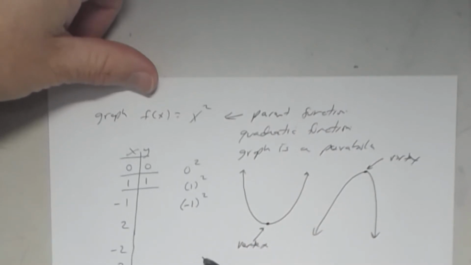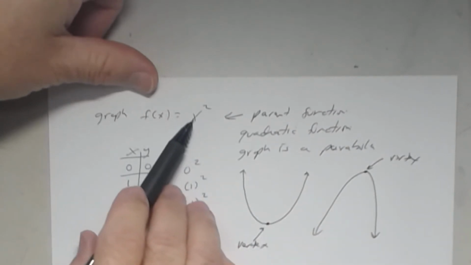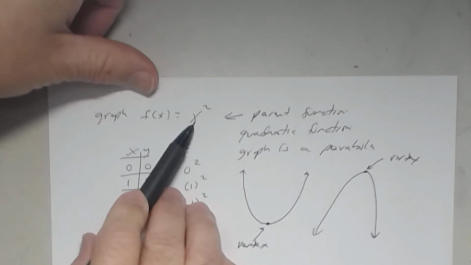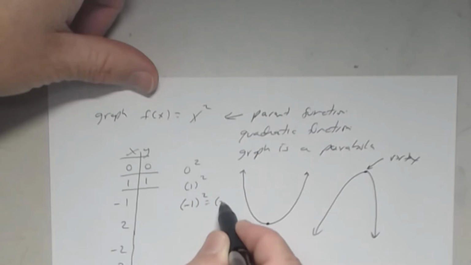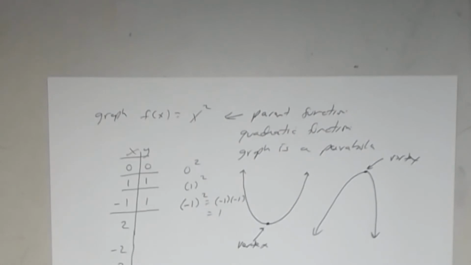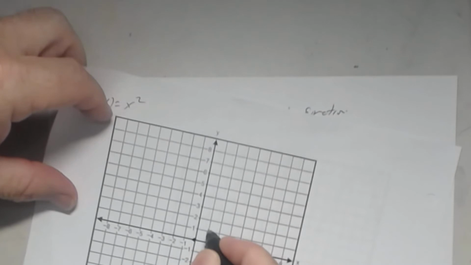It's 1, because the thing that's being squared is -1. So this is really -1 times itself, which is +1. So when I start plotting those points, I get 0, 0, 1, 1, -1, 1. That's what I get so far.